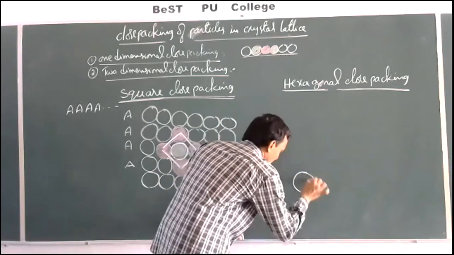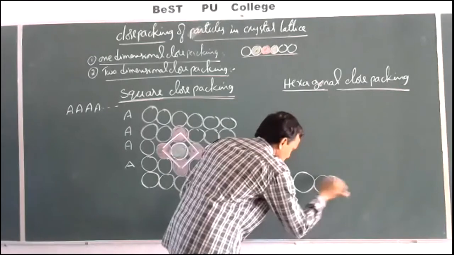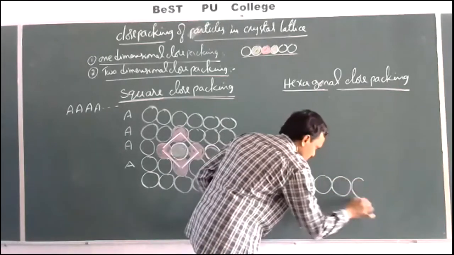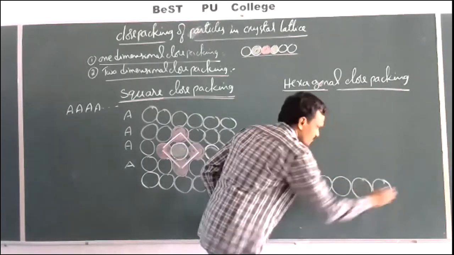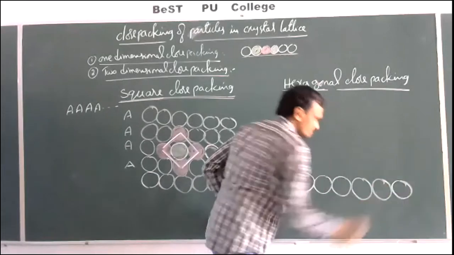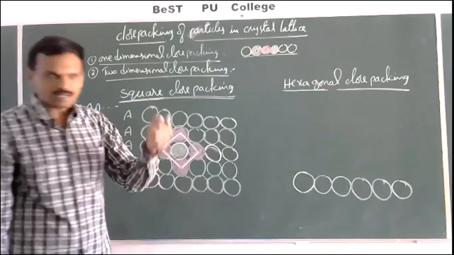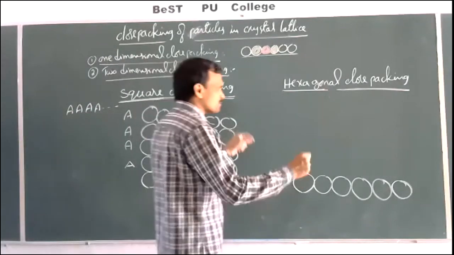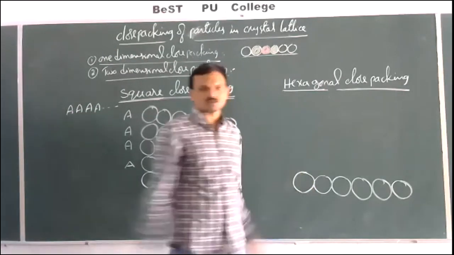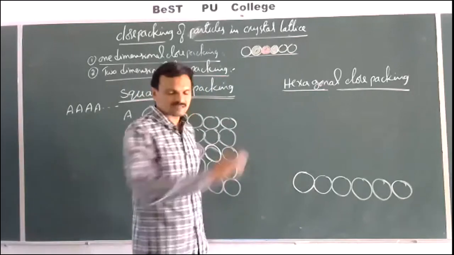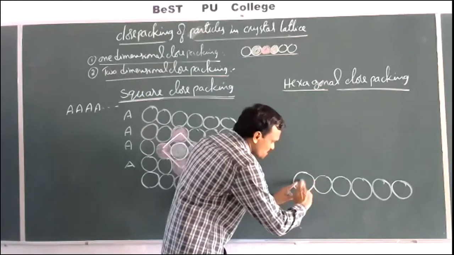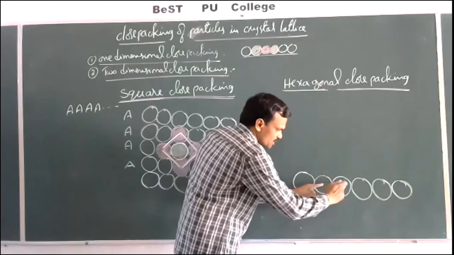Now here I am representing one row. This is one row. Now, here I will place the second row in such a way that it is placed in the depressions of the first row, not exactly as the first row. See, between these two spheres, this is the depression. Between these two, this is a depression.